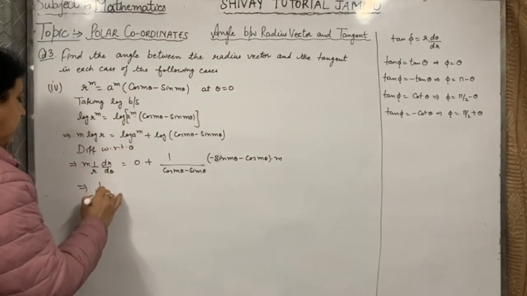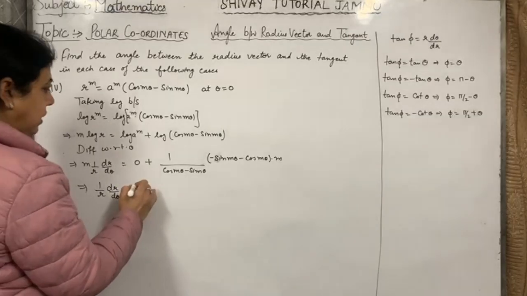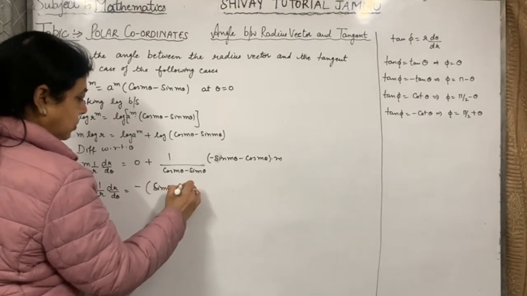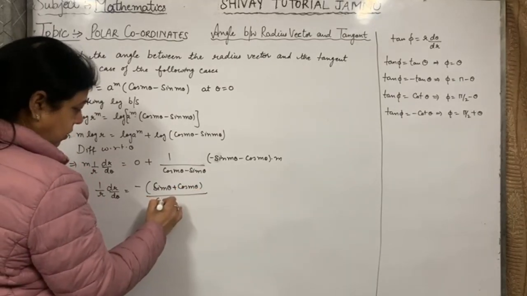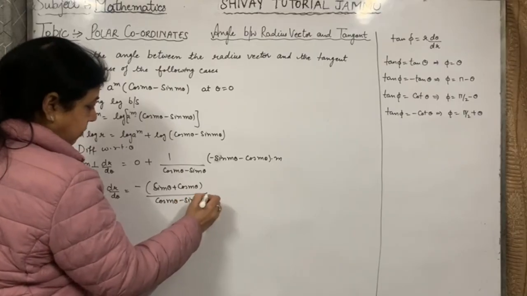M will cancel. 1 by r dr by d theta is minus sin m theta plus cos m theta upon cos m theta minus sin m theta.